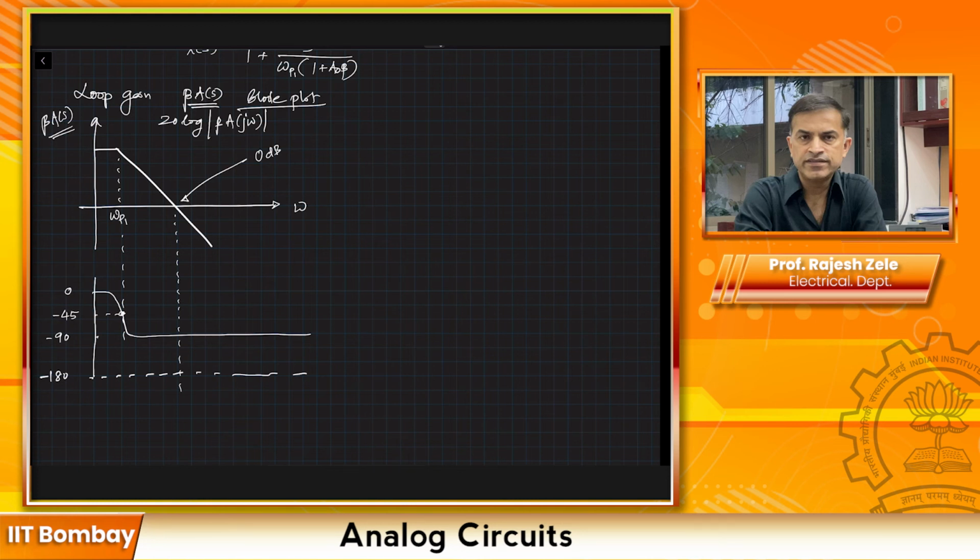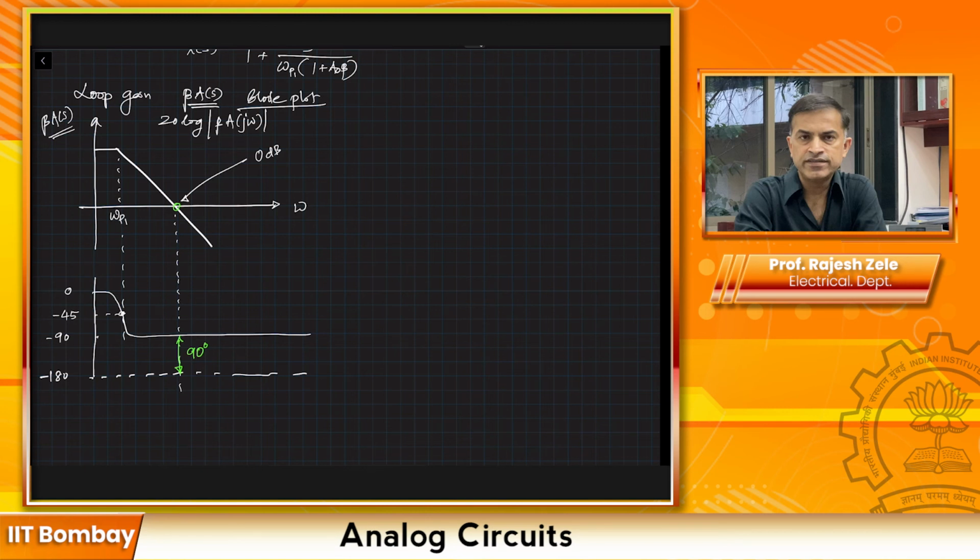we can see that, hey, I have 90 degrees of margin from minus 180 degrees. If at this point, which is the unity gain point of the loop gain beta times A of S, we had minus 180 degrees of phase shift, then we would be in deep trouble, because then we would have oscillations.